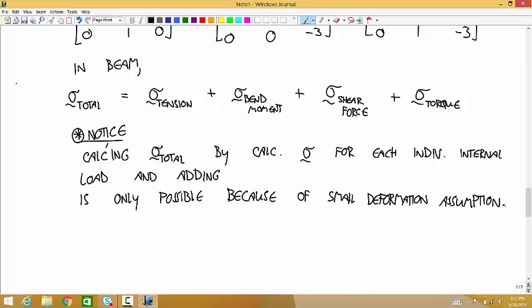So, in fact, if you had large deformations and you did like a finite element calculation of these four things, you wouldn't be able to just add them up and get an accurate estimate of the total stress. But we can do it because of these small deformations, and so superposition applies. That's what this is called, superposition. It's a good name.